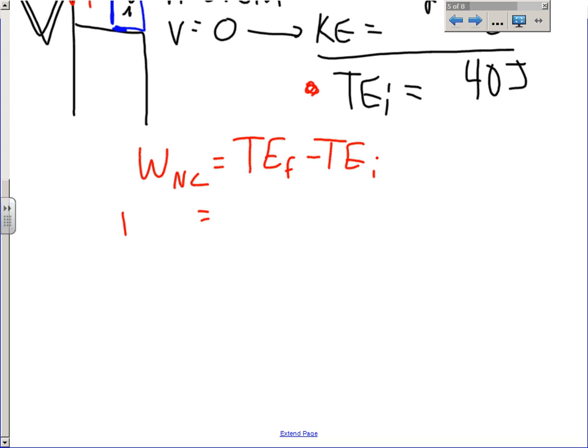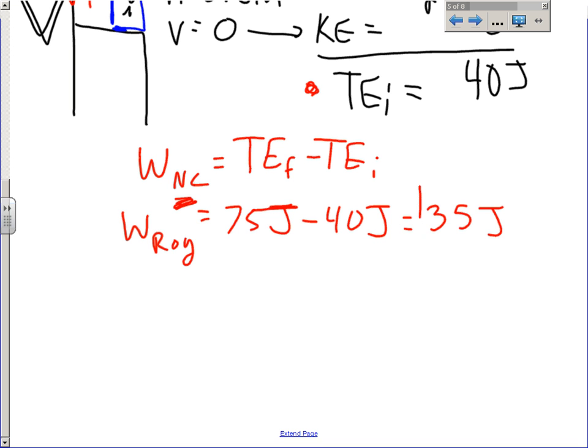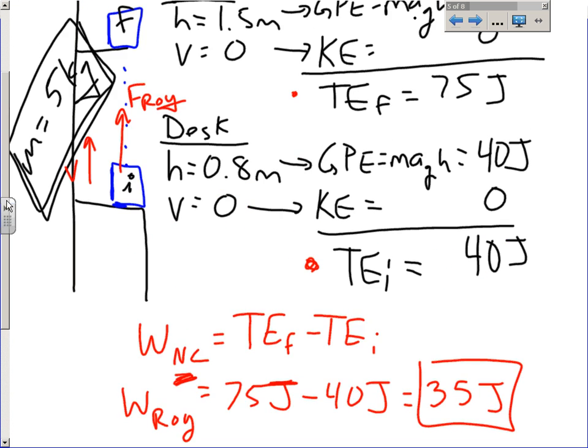So the work done by Roy, because he's our non-conservative force, is 75 joules, what we ended up with, minus 40 joules, what we began with, and you get 35 joules. That's how much work Roy did. It's also how much energy he gave the box. That's worth writing down. That's the work done by Roy. That's the same as how much energy he gave the box.